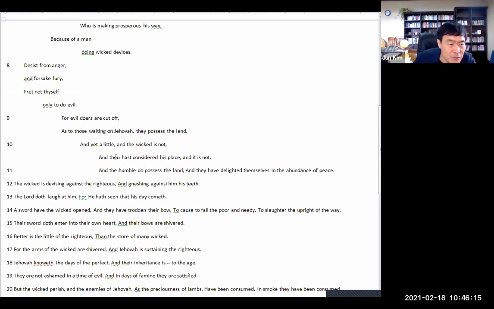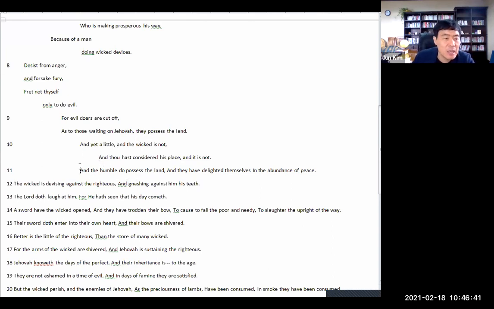If this one provides the idea of the wicked, the weak, then this one provides the idea of the humble and righteous. So the humble do possess the land. So as to those waiting on Jehovah, they will possess the land. Still it is under the concept.